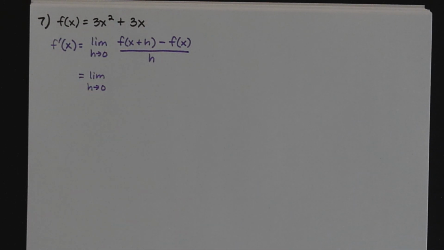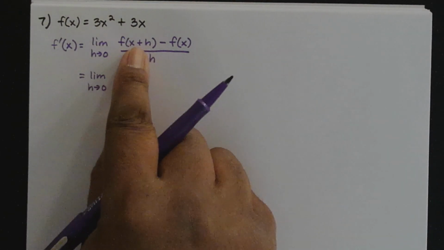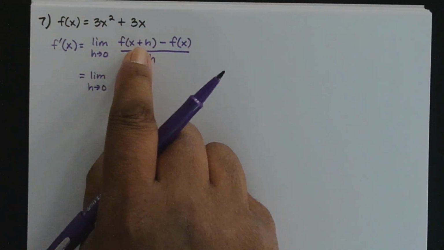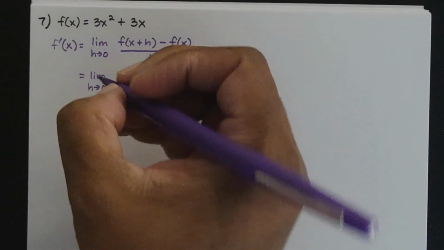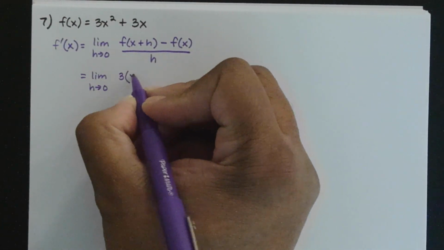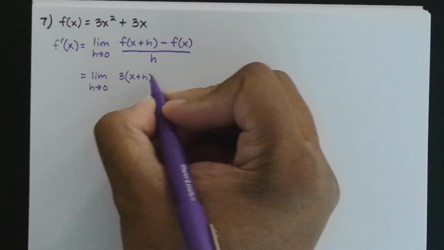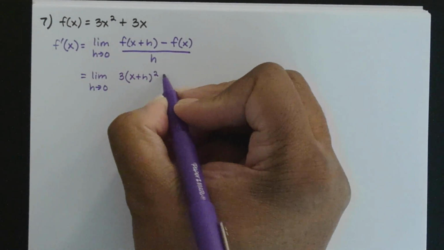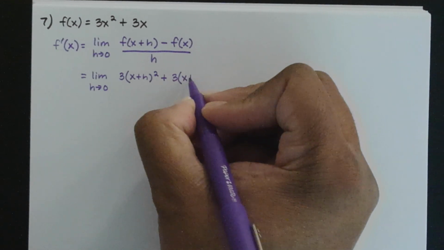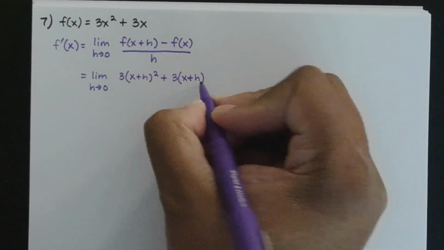Okay, so that means here in f of x plus h, every x in this f of x function will be replaced with x plus h. So I'm going to have 3 times the quantity x plus h, squared, plus 3 times, again, that x will be replaced with x plus h.